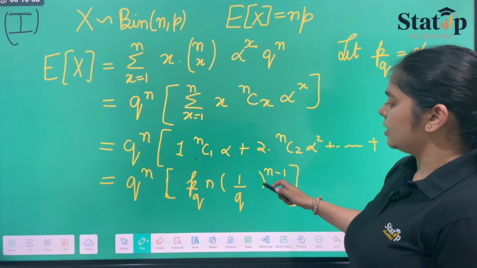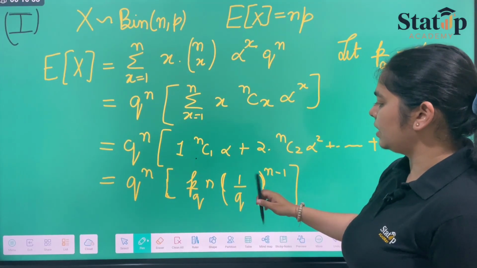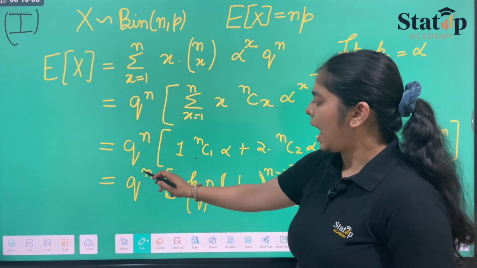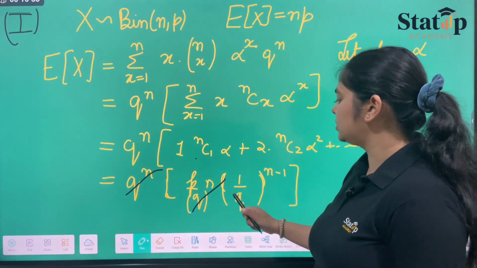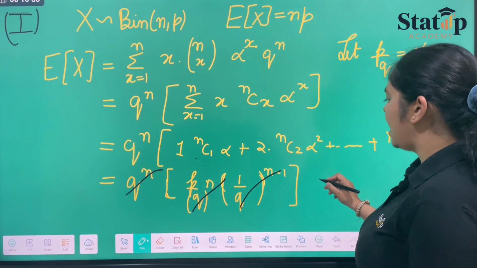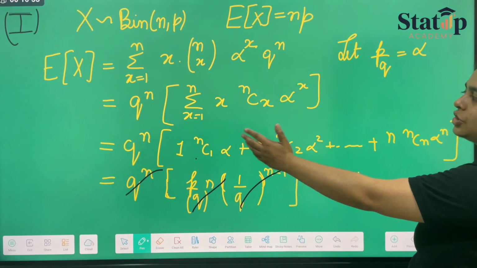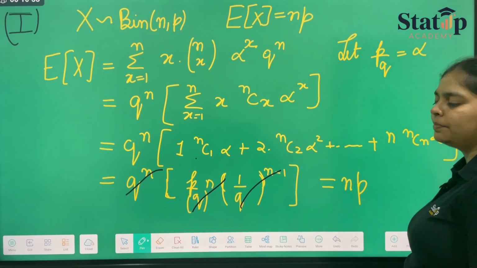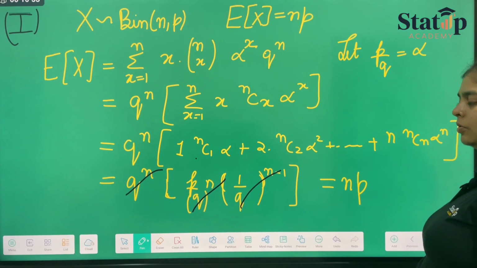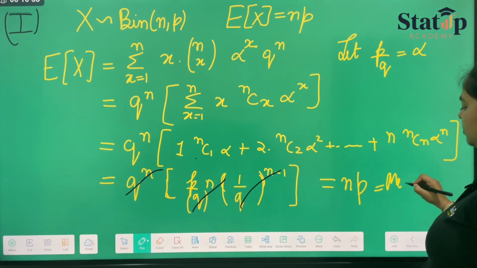Now this bracket, q raised to the power n minus 1, and this q and q raised to the power n, all these three terms will get cancelled, and we will be left with np, which is our expectation of binomial theorem, np. Which is also our mean.